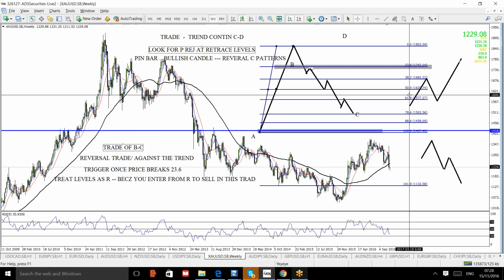Guys, tell me if you completely understand the retracement tool, because I've finished the principles and application of that tool already. So the retracement tool can be used to take a trend continuation trade, guys. And a trend continuation trade will always be CD. BC will be a reversal trade.